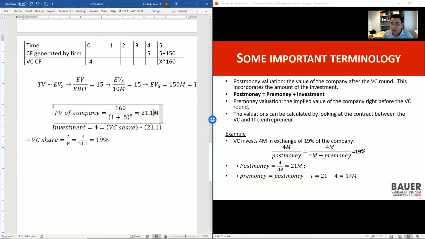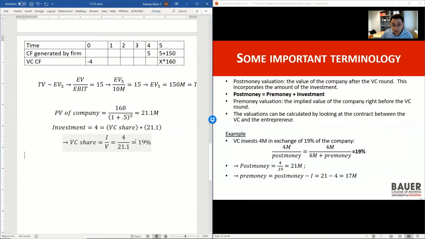So in this case, the company's worth 21.1 after you put 4 million into the company. So the pre-money would be 21 minus the 4 that you put in. Okay. So these terms show up sometimes. I want to make sure that you've seen them at least once before. It's not super important for us, but in the world of entrepreneurial finance, you'll see these things.